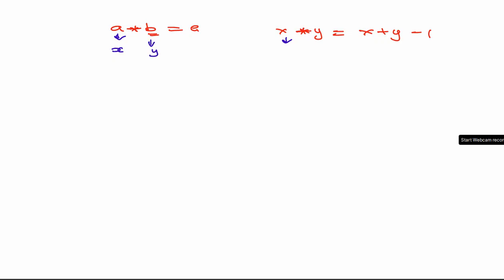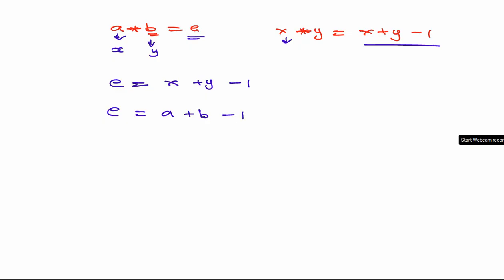So we are going to say this is going to be equal to this, but we replace x plus y minus 1. Where there is x, we put a, and where there is y, we put b, minus 1.